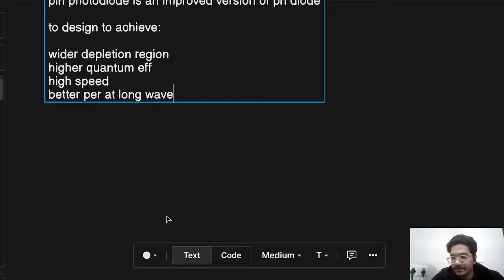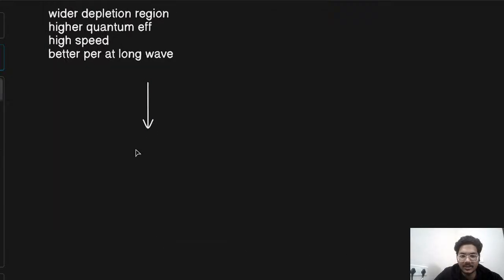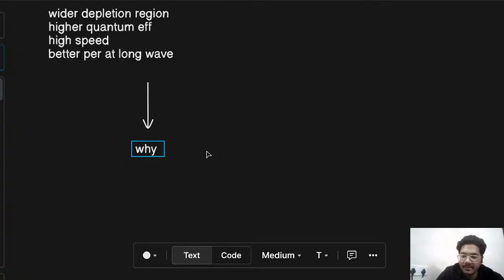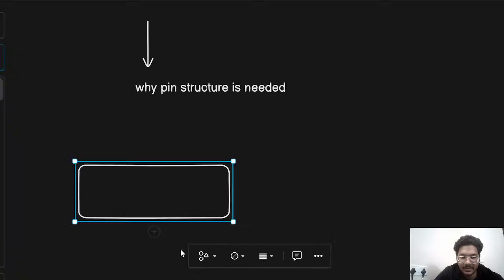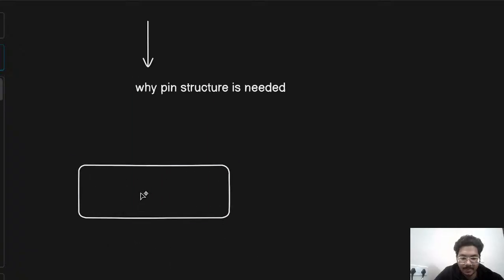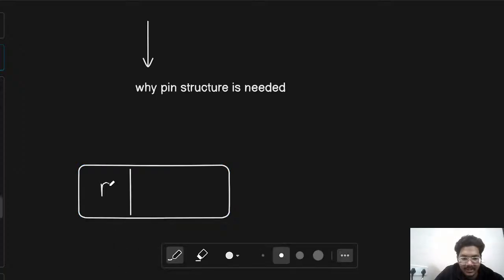So the second question is why the PIN structure is needed. As we see in the PN junction diode, there is a depletion region.